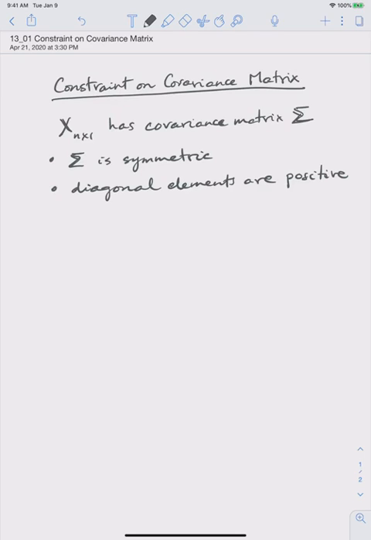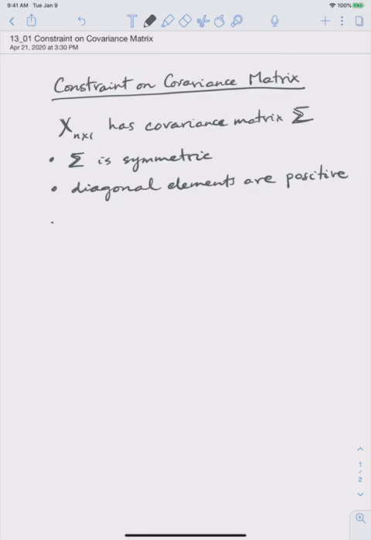So you can't just have arbitrary numbers and call them covariances and variances. They have to have some relation to each other, and we are going to specify what that relation is. And we're going to do that by looking at a particular linear transformation of the x's.